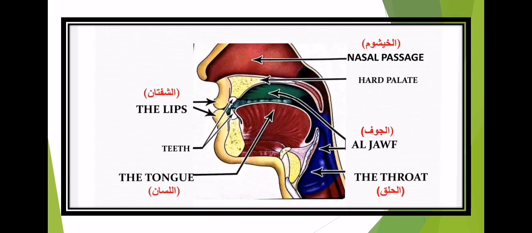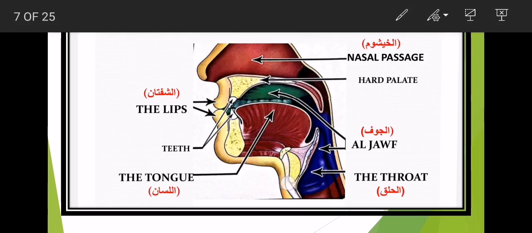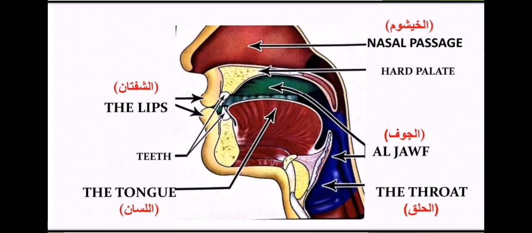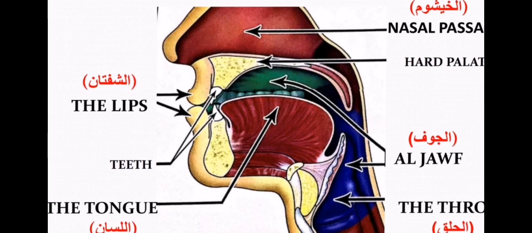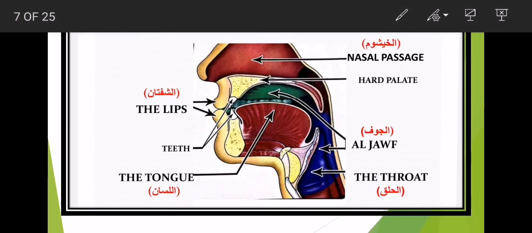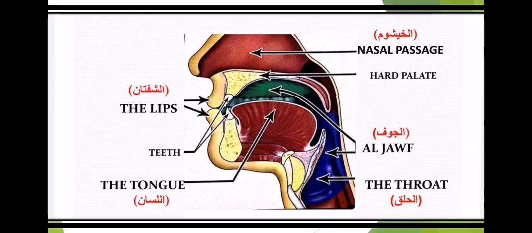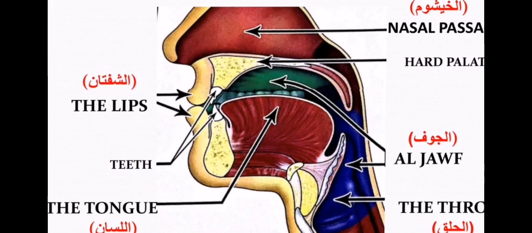Here there is a labeled picture. I will zoom it for you. Now check here, see the blue area. The blue area is where the throat is. And the green area is mentioned as the mouth opening, mouth cavity, and here it is the throat cavity. Both together constitute the al-jawf.